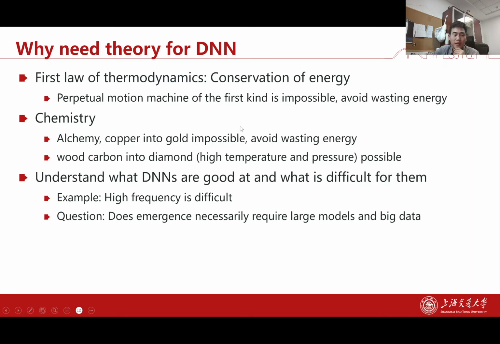On the other hand, we know that carbon can be transformed into diamond because they basically have the same atoms. And once we have appropriate conditions, such as high temperature or pressure, this transformation becomes possible.